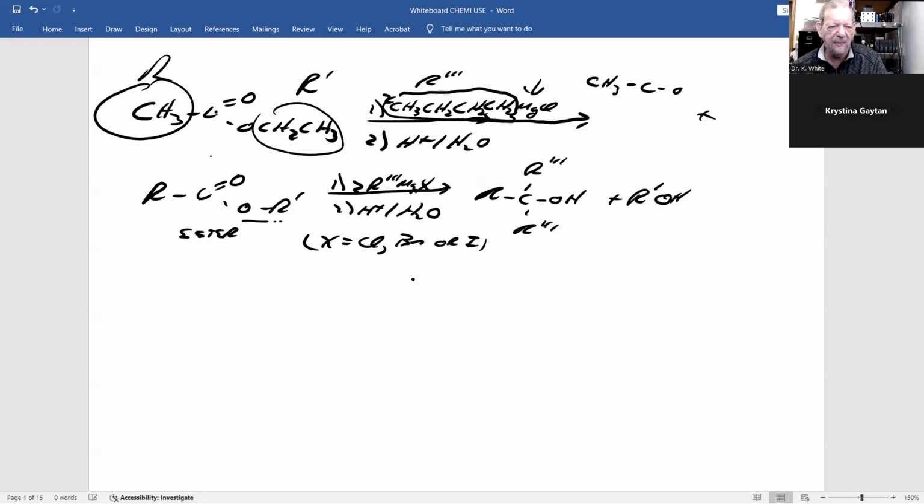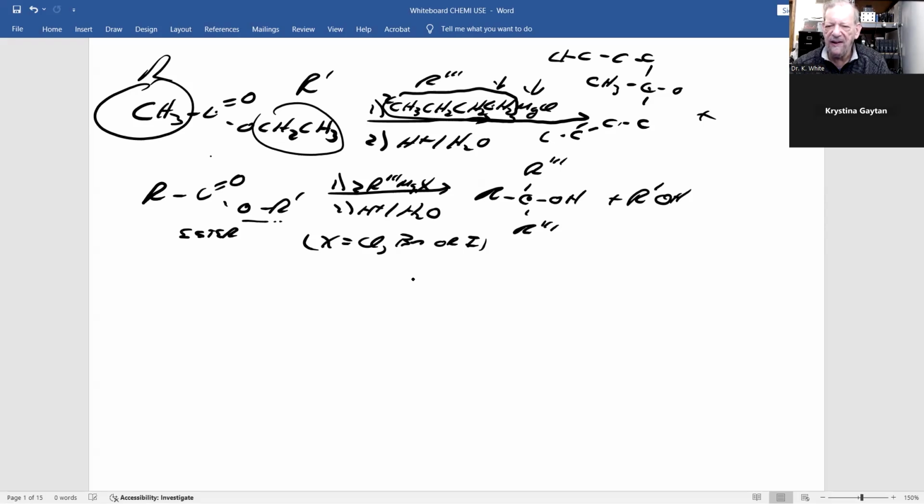Keep your eye on the carbonyl carbon. That's where the fun is, which is this carbon right there. Then the carbon with the Grignard, this one right here, will be bonded to the carbon that was the carbonyl carbon. Sorry, running out of space.